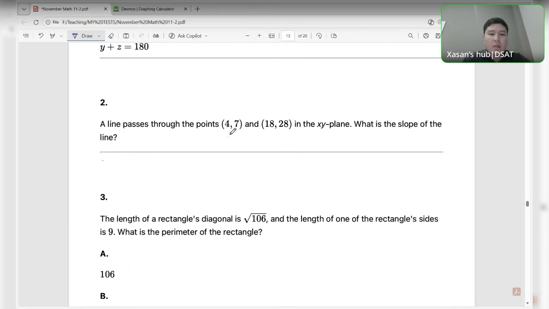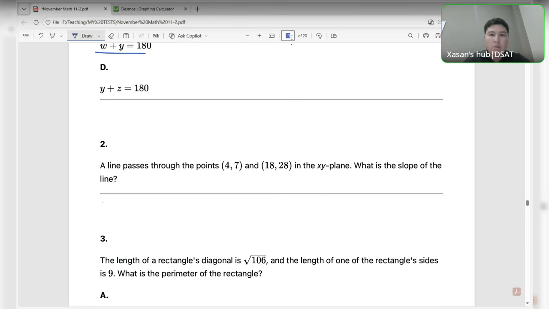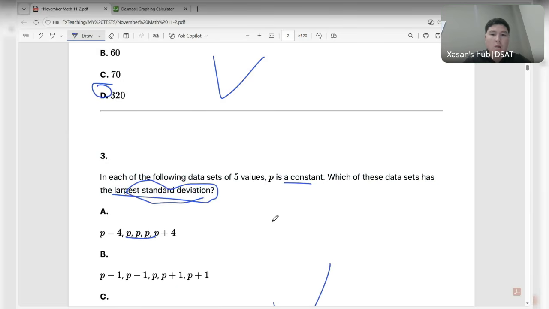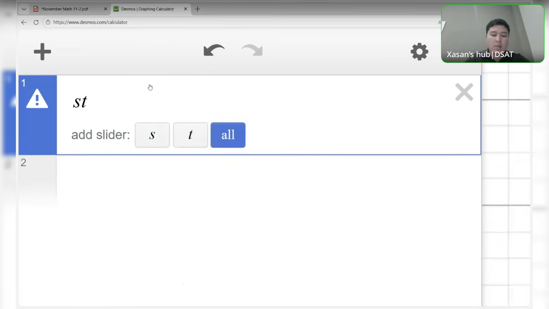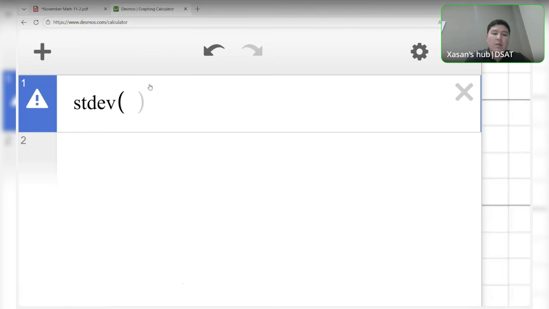Okay, and the second question, guys, let me just write module 2, we're starting. It's question 3, please. This is what I did with Desmos. You just create an equation, write STDV, the standard deviation, and enter all the things you have.